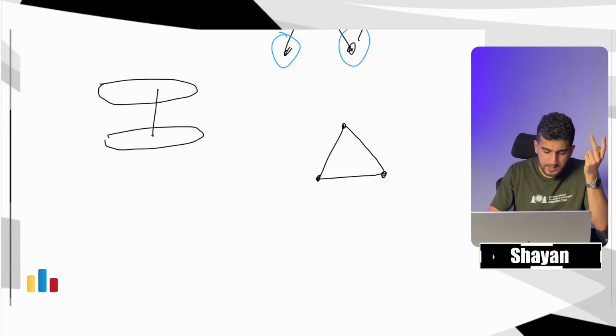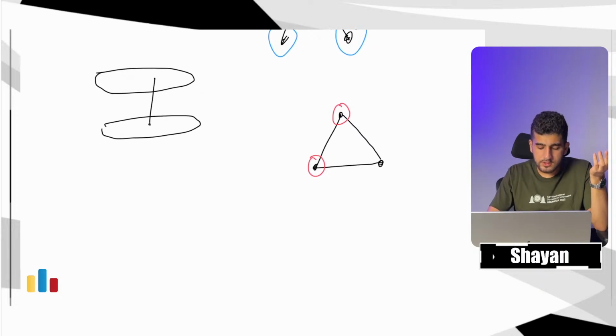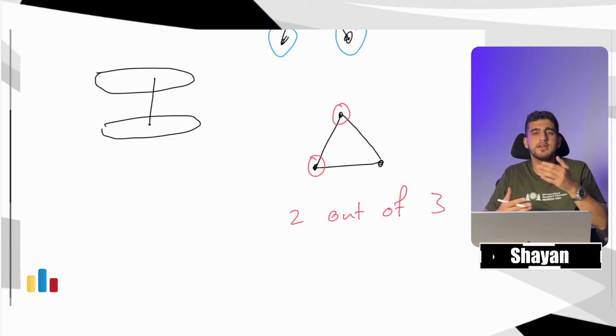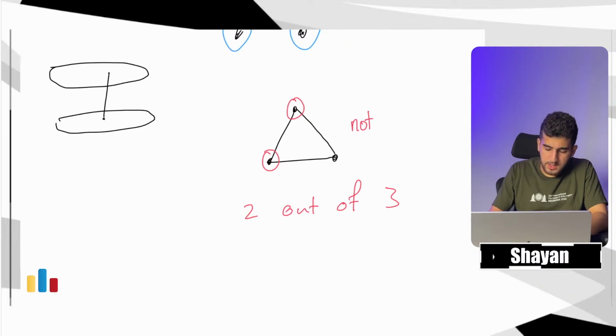So two of them will end up in the same part at the end of the day. Whatever you do, two out of 3 vertices will end up in the same part, and they have an edge to each other. So this graph is not bipartite.